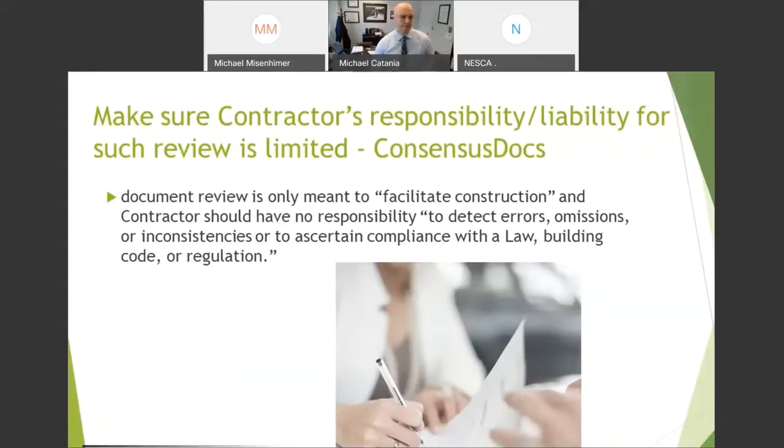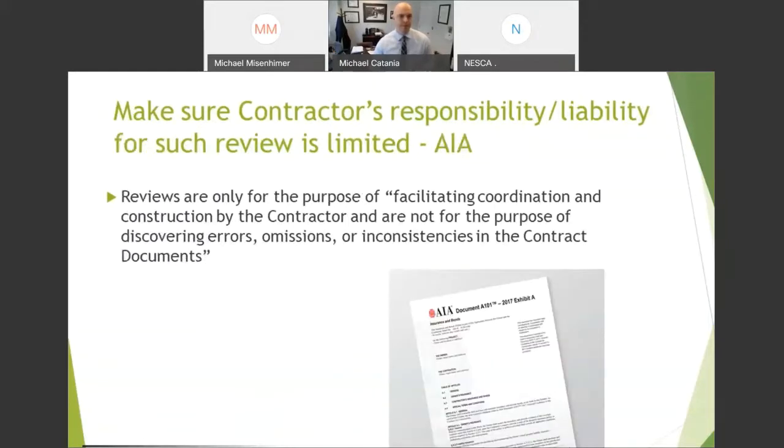So again, it's to facilitate construction, not to detect errors, omissions. The AIA again has some good language that the review of the contract documents is only for the purpose of facilitating coordination and construction by the contractor, not for the purpose of discovering errors, omissions, or inconsistencies.